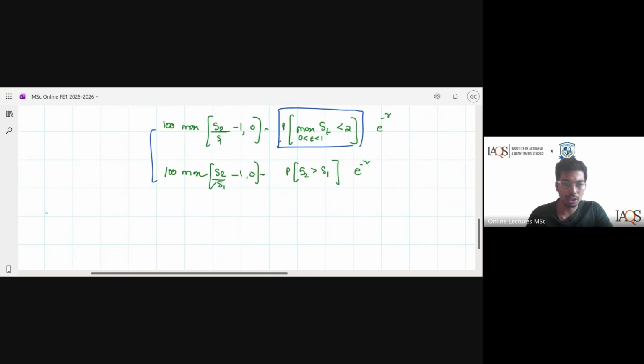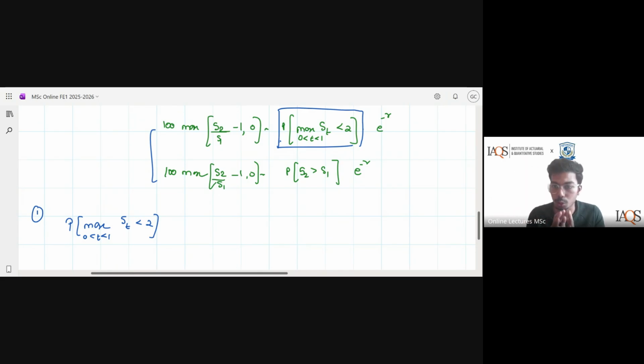So let's try to calculate this probability. Probability that max of 0 to 1 ST is less than 2. Now I have never come across an approach through which I can actually calculate the probability of a maximum value of ST being less than or greater than. That is something that I haven't come through. This is the part which is specific to type 4, wherein you can calculate the probability that over a time interval, the value of a random variable is actually highest or lowest.